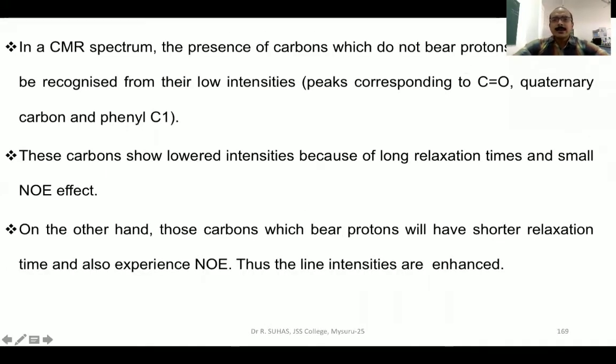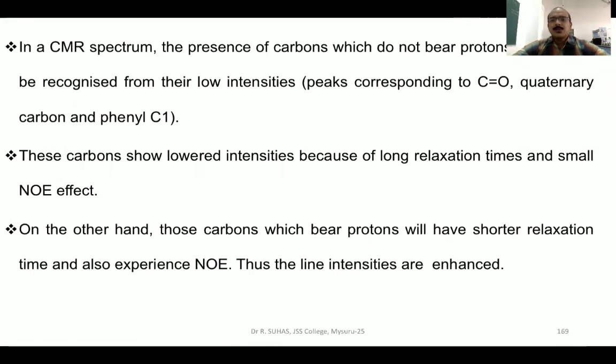In a CMR spectrum, the presence of carbons which do not bear protons, that means carbonyl carbon, quaternary carbon or phenyl carbon, can usually be recognized from their low intensities. So in any CMR spectrum, if you see very small peaks or low intensity peaks, you can easily guess that such peaks could be a result of carbonyl or quaternary carbon or phenyl C1 in the molecule.